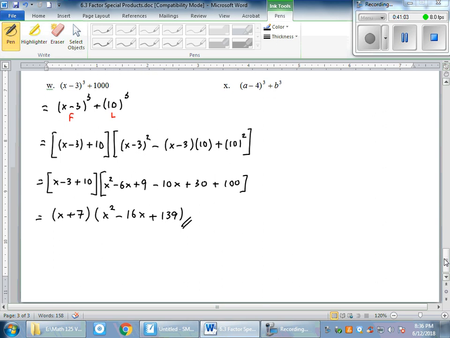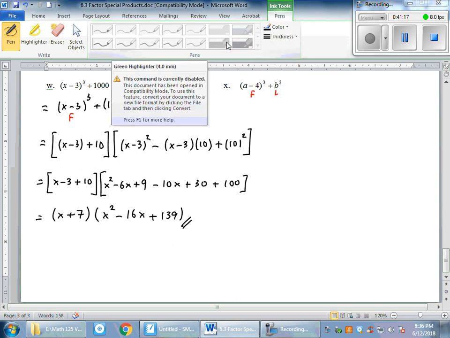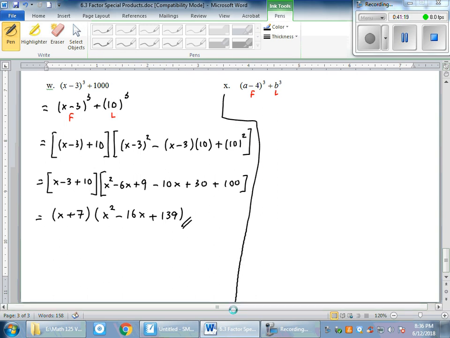So here, this is my first, and this is my last. So according to the formula, I can say that first plus last, and times with, I will not have space, so I will write it down right here.